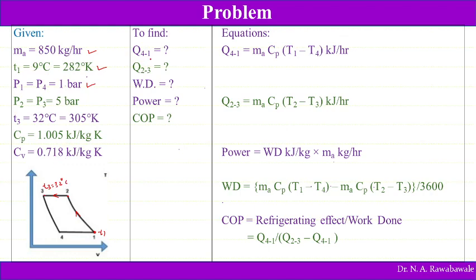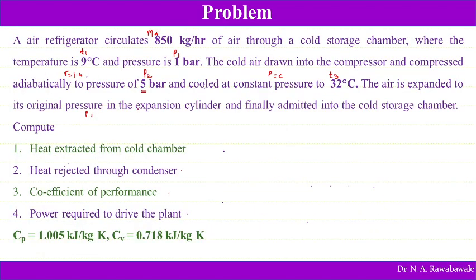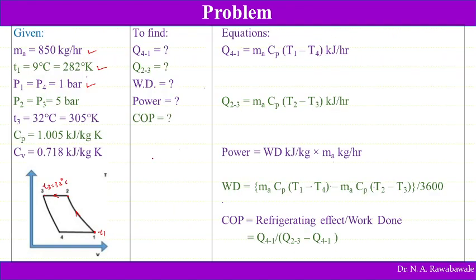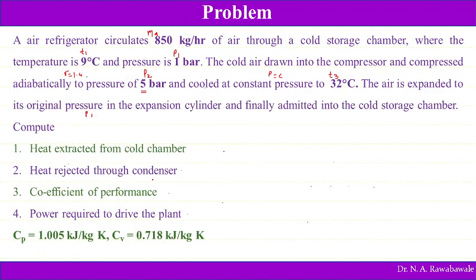Then he is asking us to find out, first, the heat extracted from the cold chamber. Where heat is extracted, that heat taken Q in is from 4 to 1. So Q in is nothing but Q4-1, which we have to find out. Then he is asking us to find the heat rejected through the condenser.